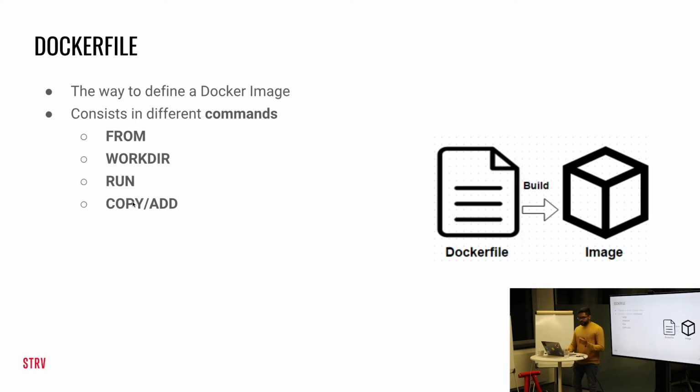The difference between these two is that COPY only works for copying from the local host, and ADD is the same as COPY, but it can also fetch data from the internet. So you can put a URL and it will fetch it. That's basically the difference.